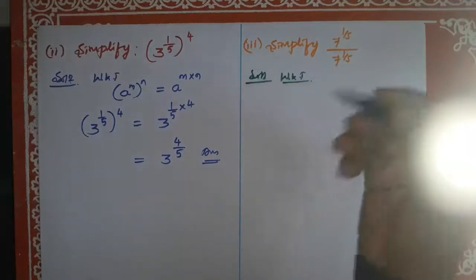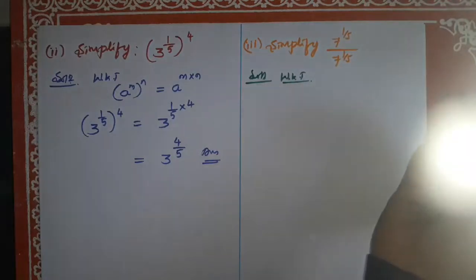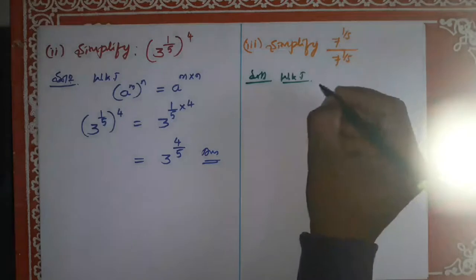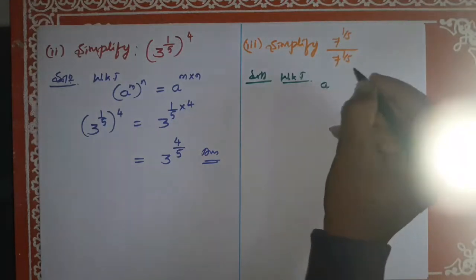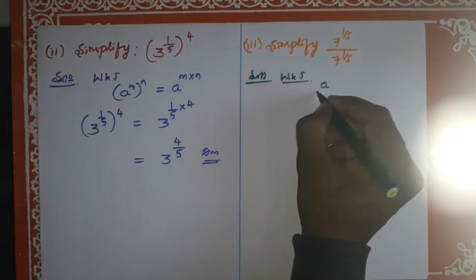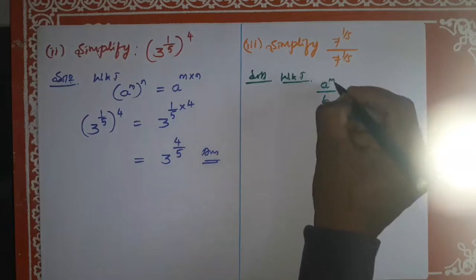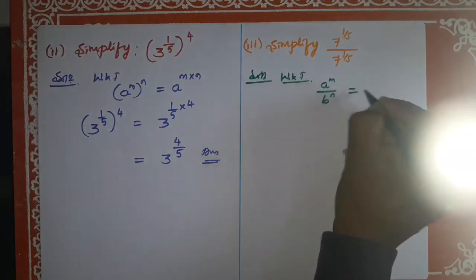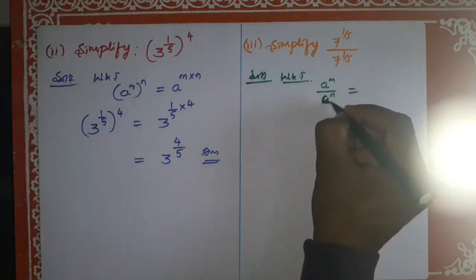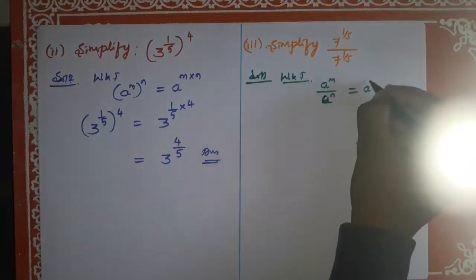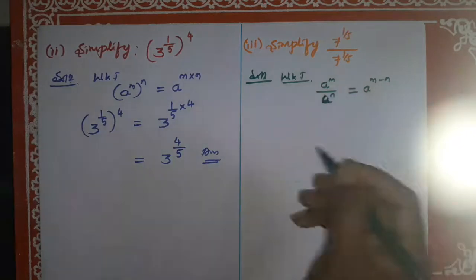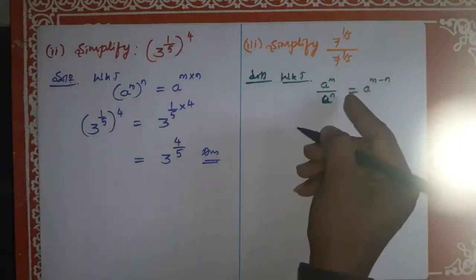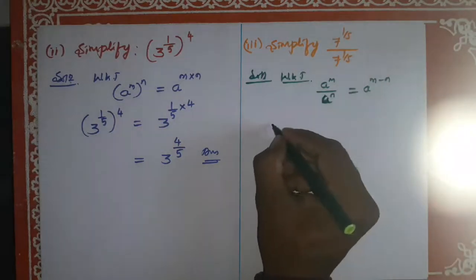Any number raised to the power of 0 is equal to 1, is it? Therefore we have to use a to the power of m divided by a to the power of n, which is equal to a to the power of m minus n, third law of exponents.